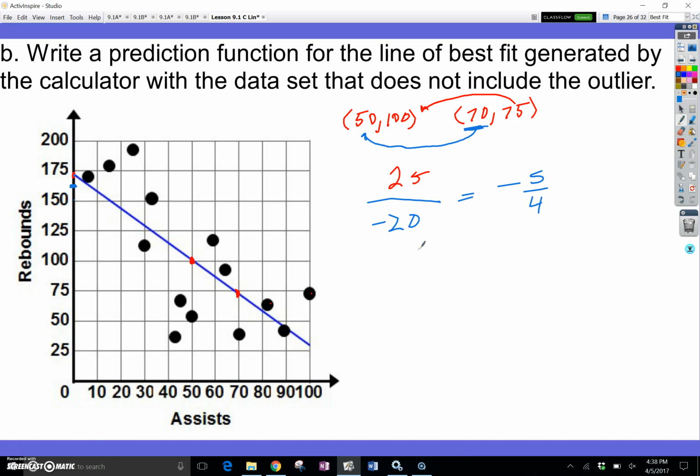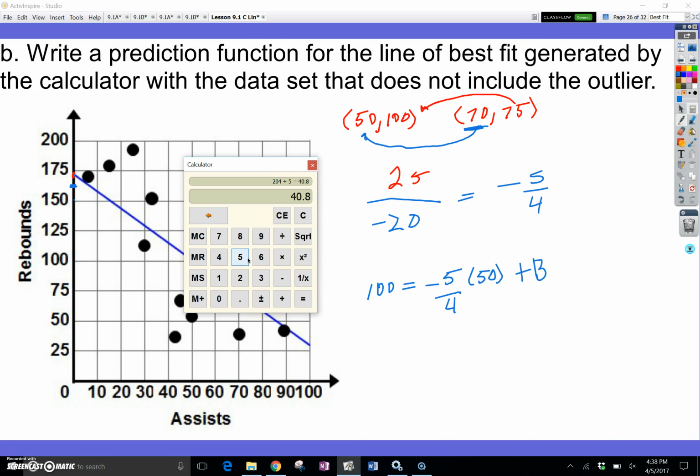So 100 is equal to negative 5/4 times 50 plus b. When I solve this, I'll bring up a calculator.